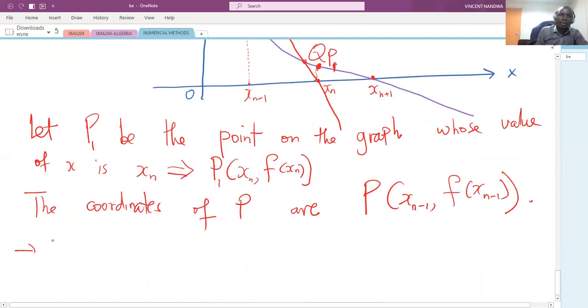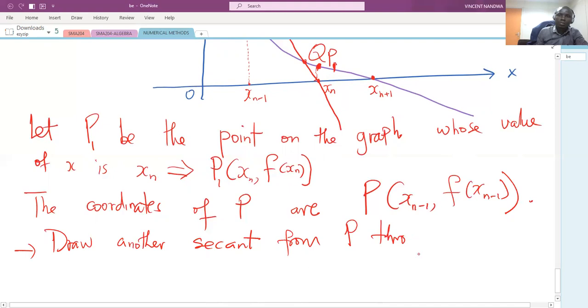Next step, draw another secant. Remember, secant means a line passing through 2 points on a graph. So another secant from P through P1.